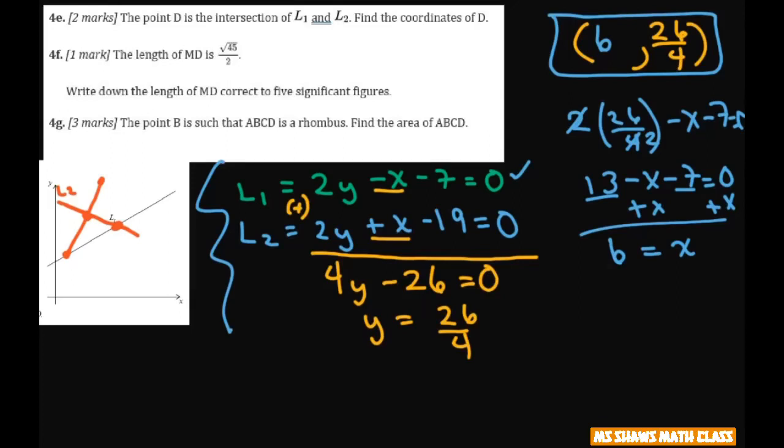It says find the length of MD. So this is D and this is M. MD is square root of 45 divided by 2. And it says find the length to 5 significant figures.